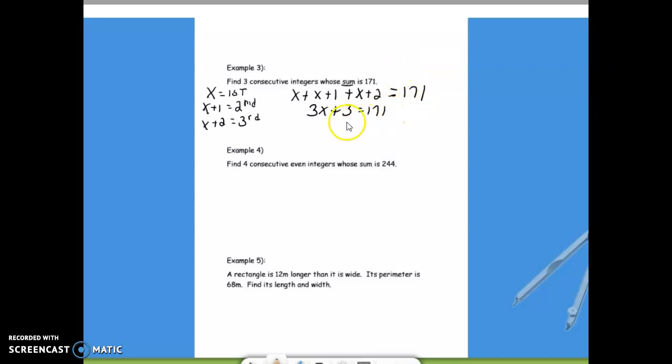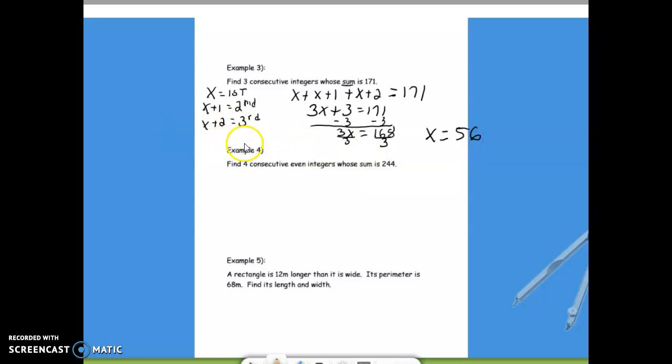We're going to subtract the 3, right? Okay, then we're going to have 3x equals 171 minus 3 is 168. Then we'll divide by 3. Okay, so x, my first number, is going to be 56, right?